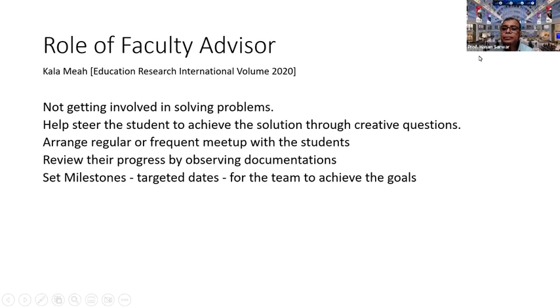Rather, they help steer the student to achieve the solution through creative questions. They arrange regular or frequent meetups with the students and review their progress by observing documentation. And the advisor sets the milestones, that means targeted dates, for the team to achieve the goals.